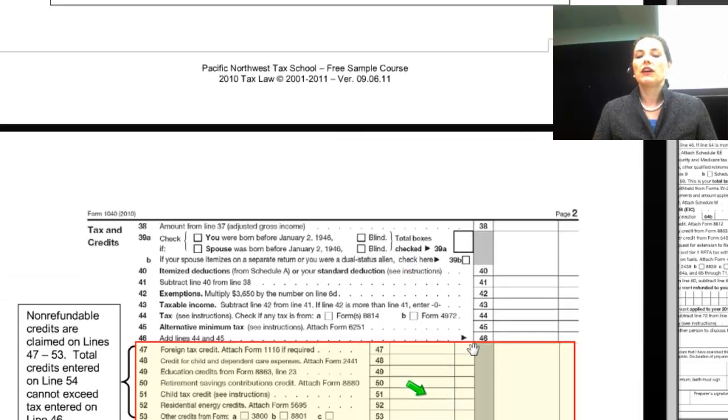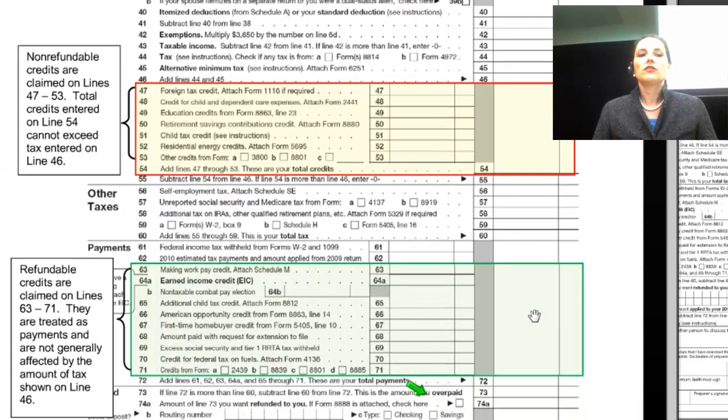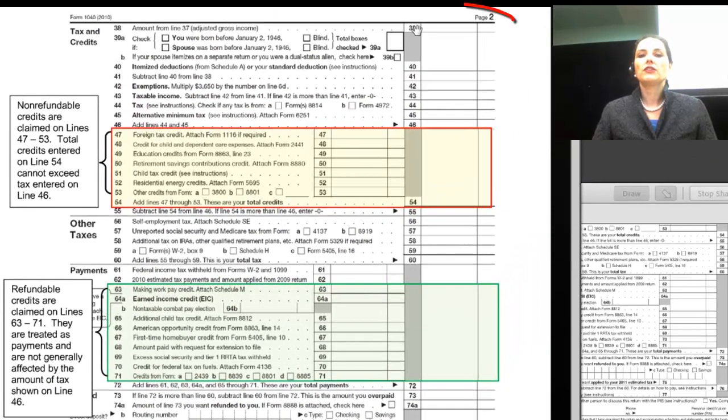Adjusted gross income carries from line 37 and is entered on line 38 on page 2 of the Form 1040. Next, we go and figure your standard deduction amount, and the standard deduction amount for a single person is $5,700. If you are filing a joint return, you take that number and double it. That would give you $11,400.